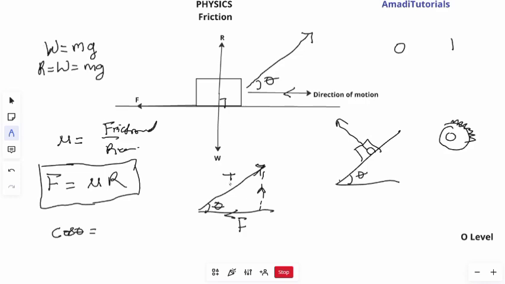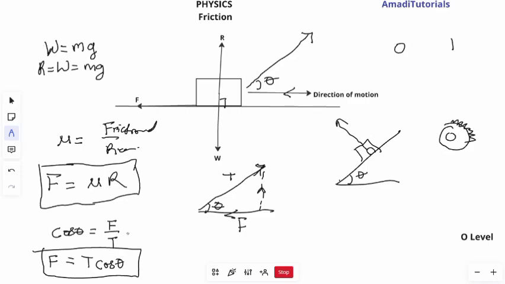Adjacent is F over hypotenuse T. So that your frictional force F will now be what? The tension in that string times what? Cos theta. So this is the second formula that is very important to calculate frictional force.